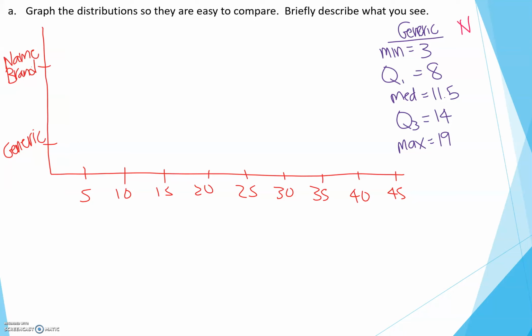So my name brand. Here's the same stuff. The minimum was 14. Q1 was 25. The median was 27.